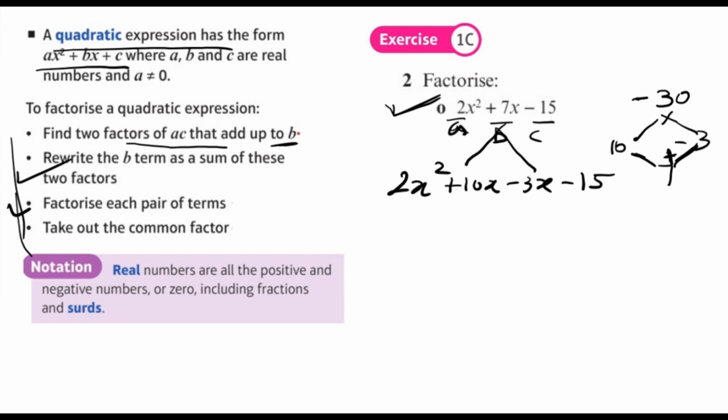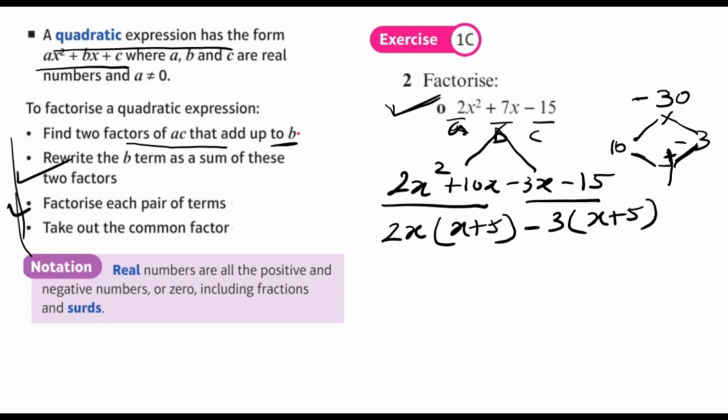Third step, factorize each pair of terms. We make a group of 2 and factorize it. In 2x squared plus 10x, 2x is the common factor and x plus 5 is inside the bracket. Here minus 3 is the common factor and x plus 5 is in the bracket. We have to be careful: when there is a minus sign and we take minus 3 as common, the sign inside the bracket will change.